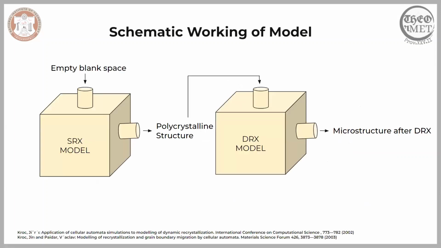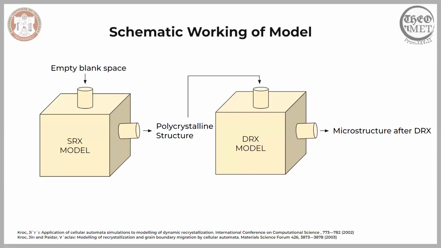So now coming to the model description, here you can see the schematic working of our model. Initially we have a homogeneous domain, and it goes through the static recrystallization model so as to get a polycrystalline microstructure, with which we can start to work with dynamic recrystallization.